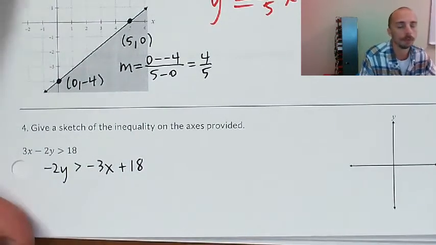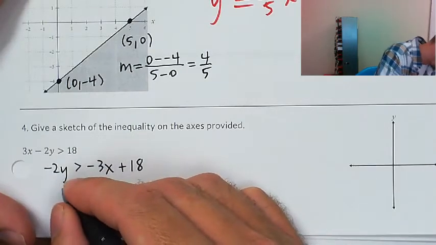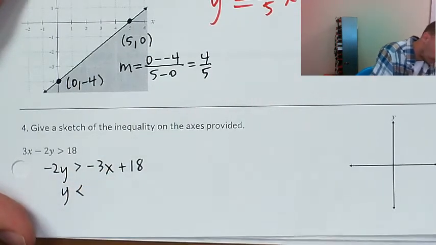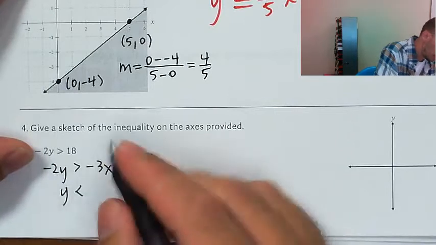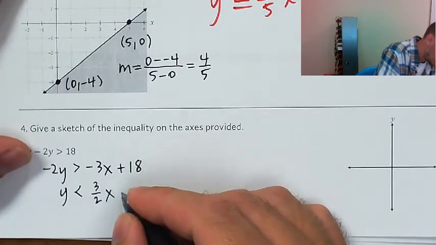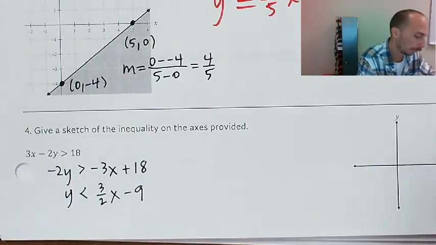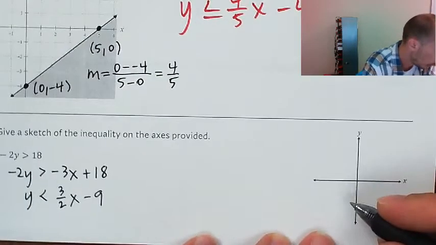And right now, there's really no way I'm going to get around it. I've just got to get at y, so I'm going to divide both sides by negative 2. So that will make that a less than. When I divide negative 3 by negative 2, that's positive 3/2. And 18 divided by negative 2, that's negative 9. Okay, so y is less than 3/2 x minus 9.